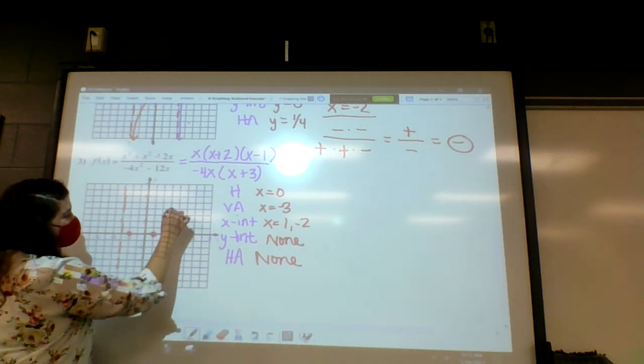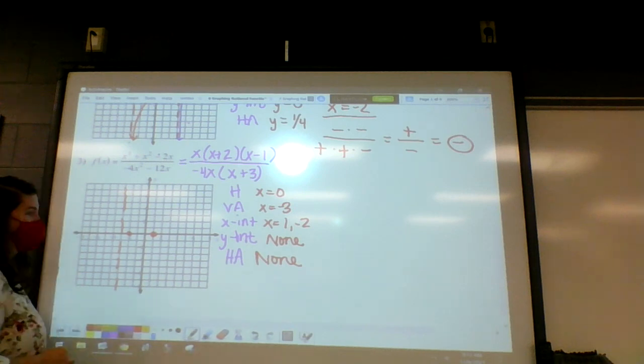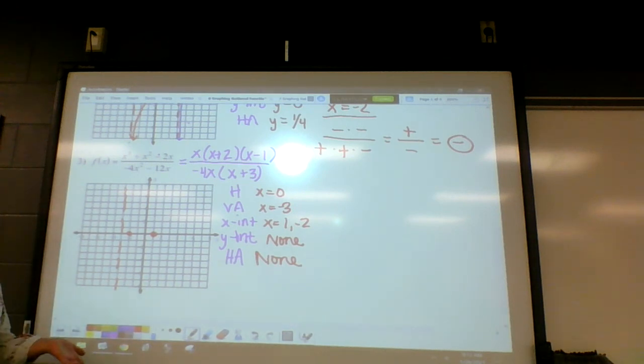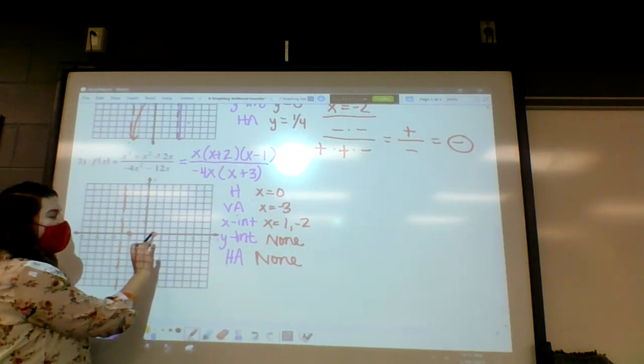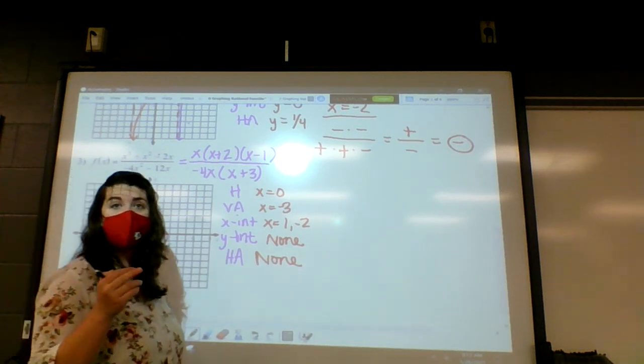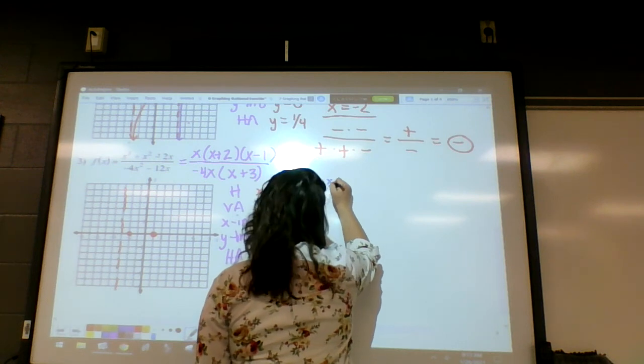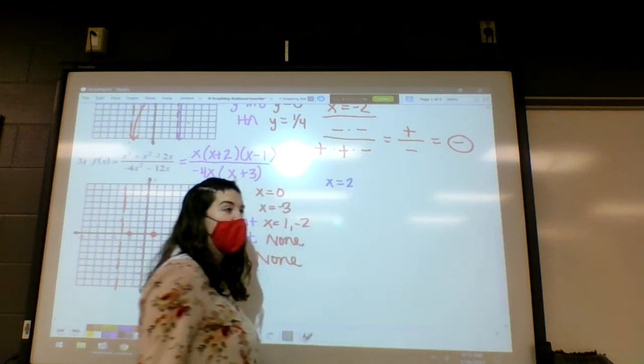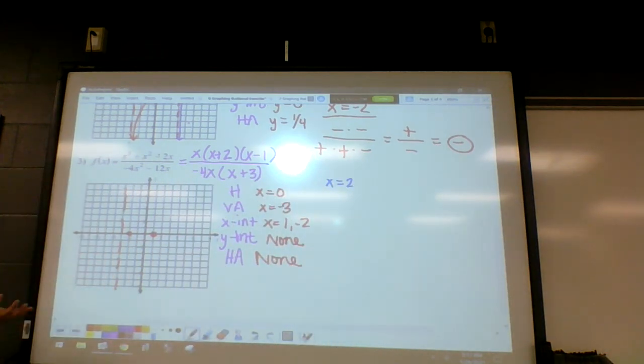From here, does it go up? Does it go down? We don't know. We have to pick a number, so I need any number over here. Any one you want. 2? 2. 8,000 would work as well. You may do 8,000. You can test 8,000 and just tell if it's positive or negative. You'll get the same thing.